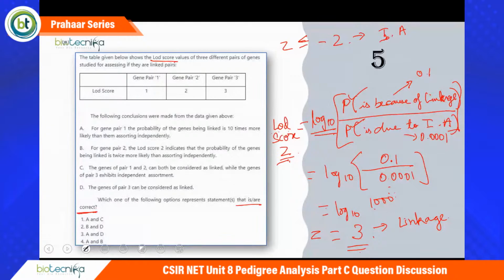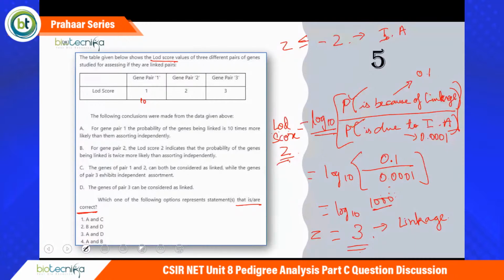So if the LOD score is 1, what does that mean? That linkage is 10 times more probable, right? That is what it will mean. When will you get 1? When this value becomes 10 to the power 1, which means linkage is only 10 times more probable.